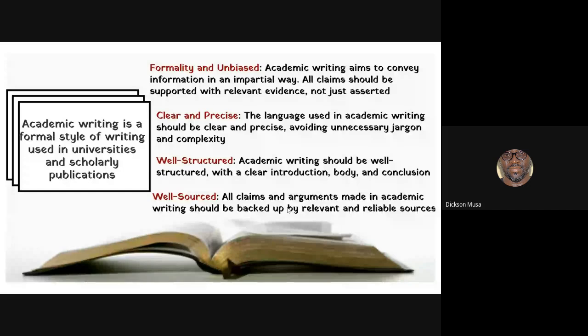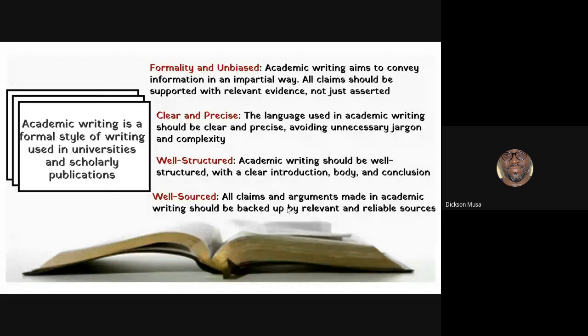Also, academic writings must be well structured, with a clear introduction, body, and conclusion. Every form of writing has its own specific structure, but they all have introduction, body, and conclusion.